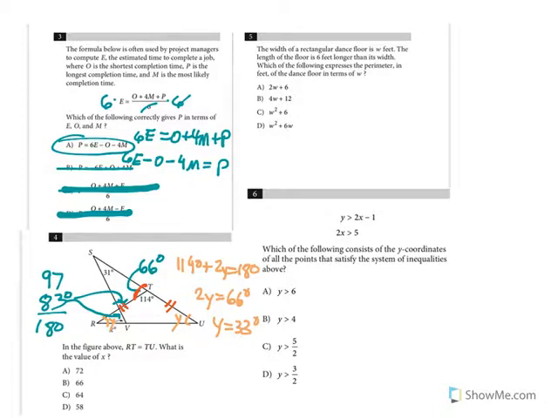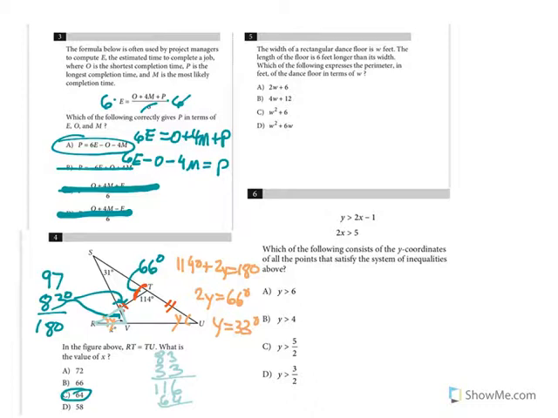And in this triangle, we know we have an 83-degree angle, and we also have a 33-degree angle. That is 116 degrees. So angle X is supplementary with those two angles. So 116 plus what equals 180? It's 116 plus 64. So our answer is C.